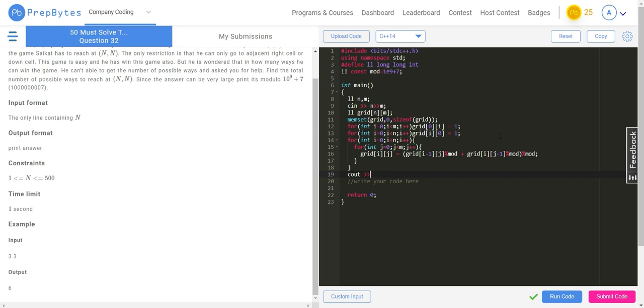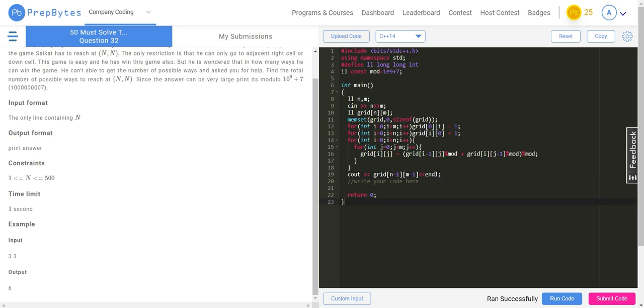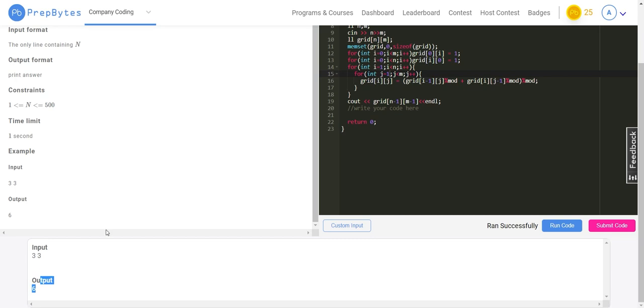And eventually, you just have to return grid of n minus 1, m minus 1. Yeah, there we go. You get a 6. Let's try submitting.